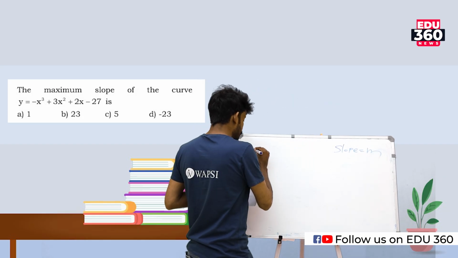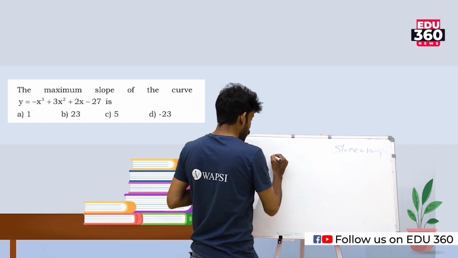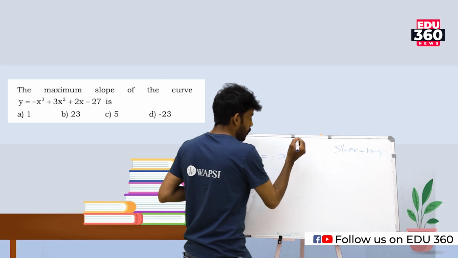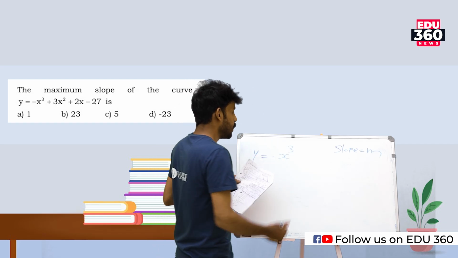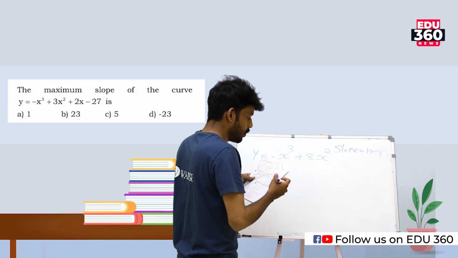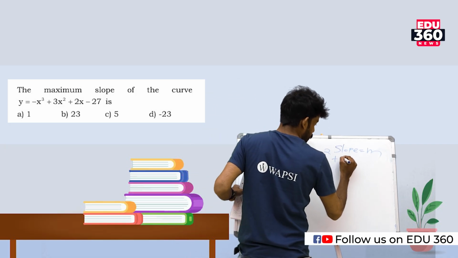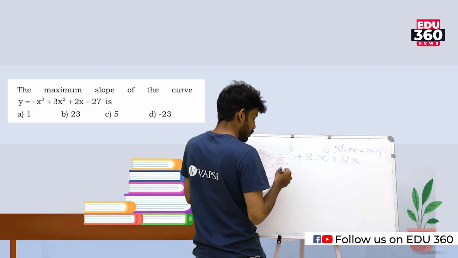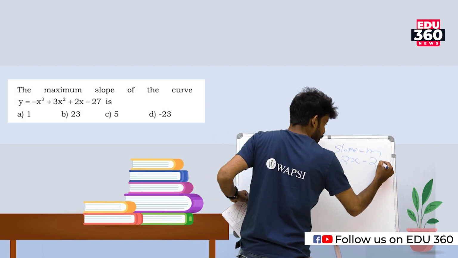It's given y is equal to minus x cube plus 3x square plus 2x minus 27.